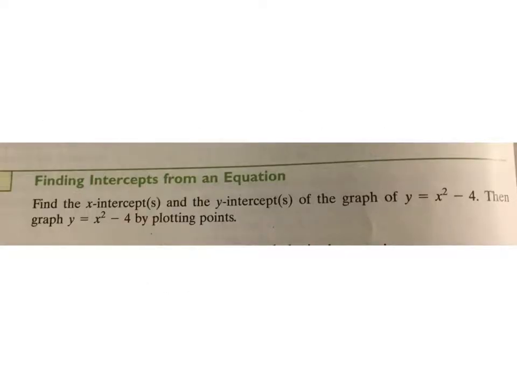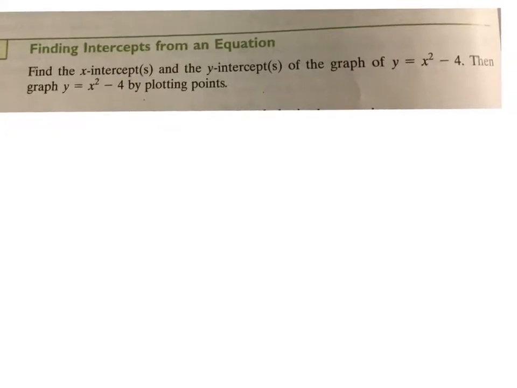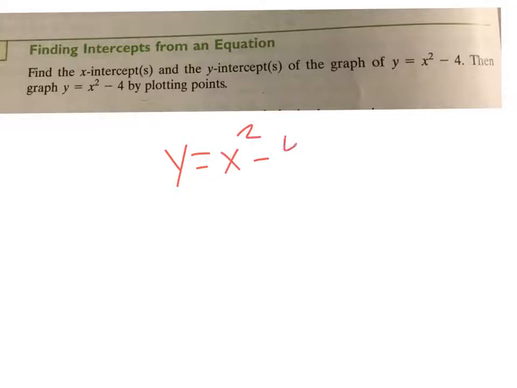So now I'm going to look at example 1, but I'm not going to necessarily do what it's asking right now. I'm going to break this into 2 parts, and this is what basically all of our problems are going to look like for this section. I know it tells me to find intercepts. We'll talk about that in a second. But what I'm going to do instead is I want to know, does y equals x squared minus 4 have any symmetry?